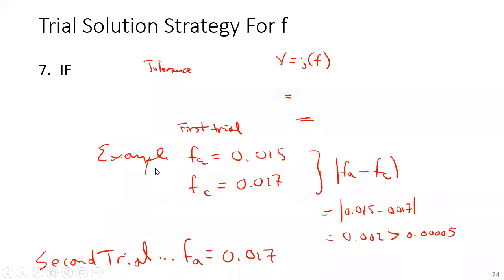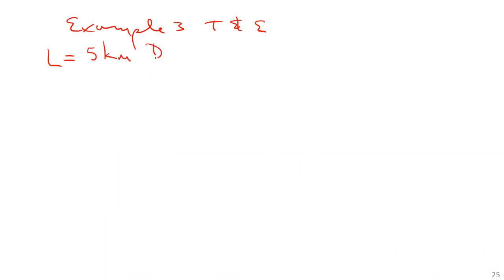So if we were doing the same problem by trial and error. And remember, in that problem, we've got a length of pipe equal to 5 kilometers. We've got a pipe diameter equal to 0.5 meters.